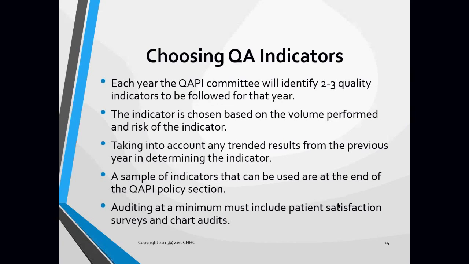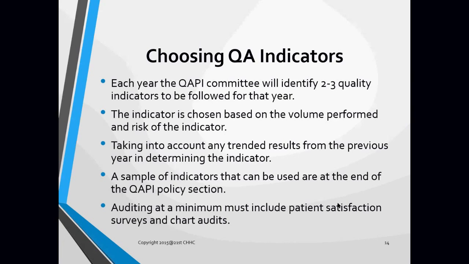You can either use them as is or change them as you like. But you need to at least read those and be familiar with how they're set up. At the beginning of each year, the QAPI committee should be identifying 2 to 3 quality indicators. Those indicators are going to be followed for that year, and we're going to look at a couple of those examples in just a couple of slides.